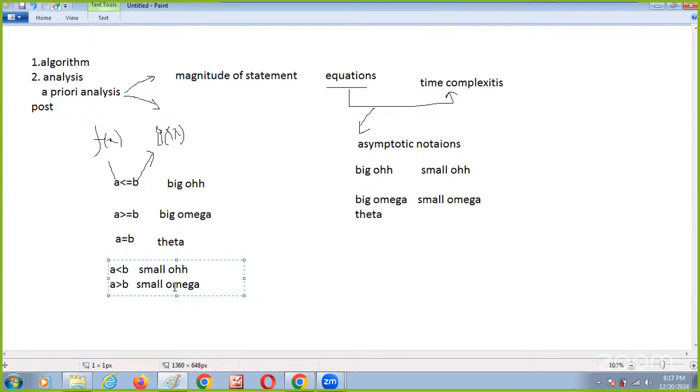We have also seen the growth of functions.